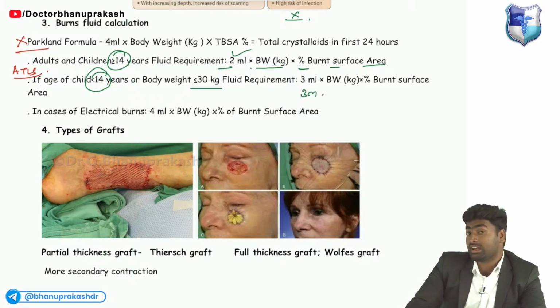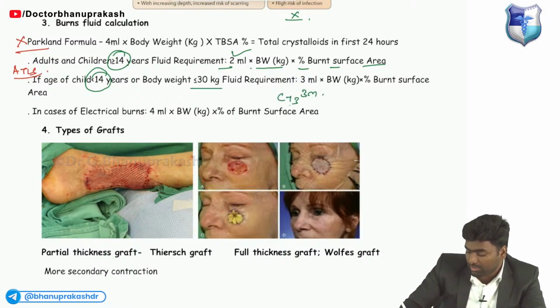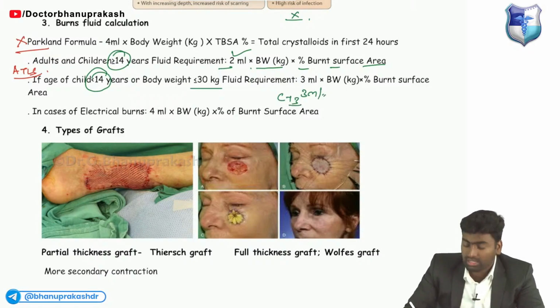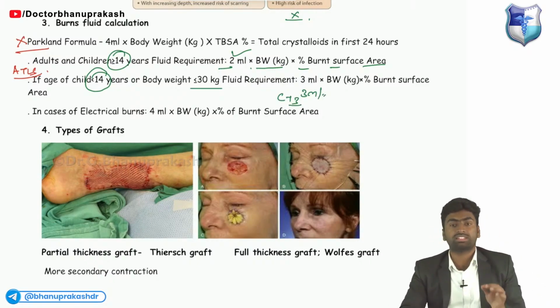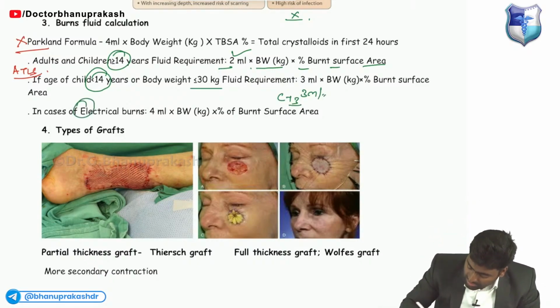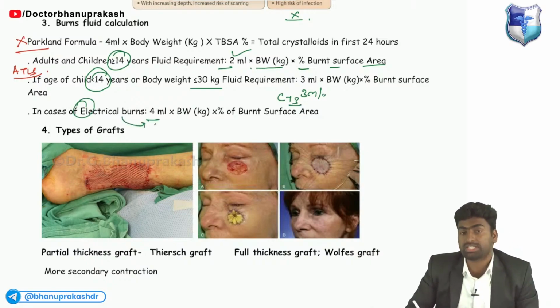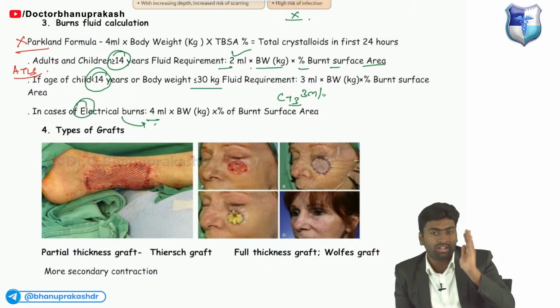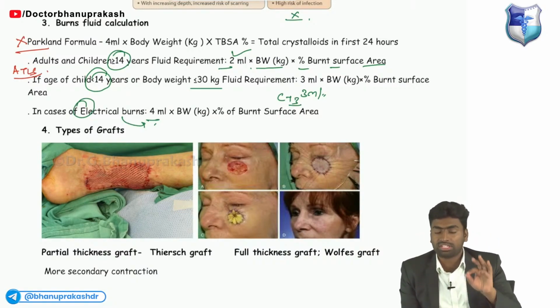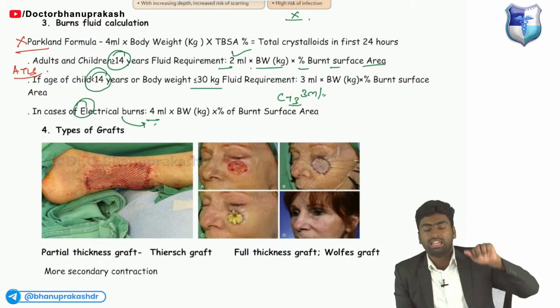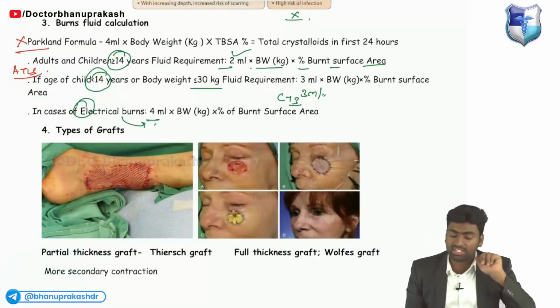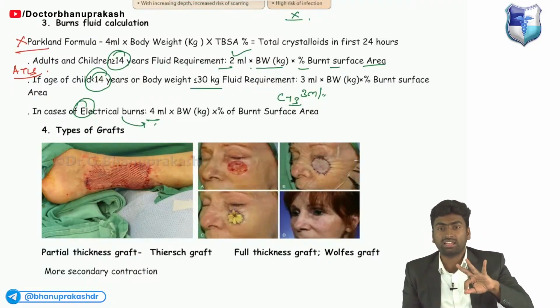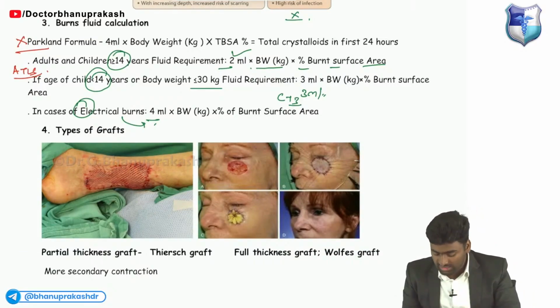Or if it is an electric burn, it will be 4 ml. So adults 2, child 3, and electrical burns 4. Remember, this is the thing you need to remember.